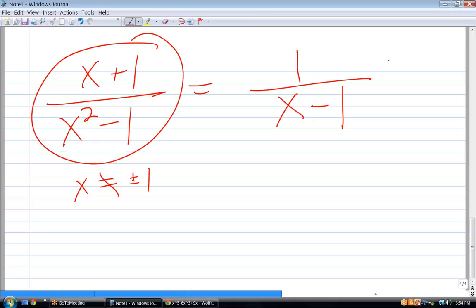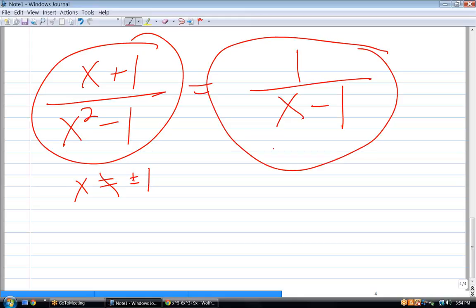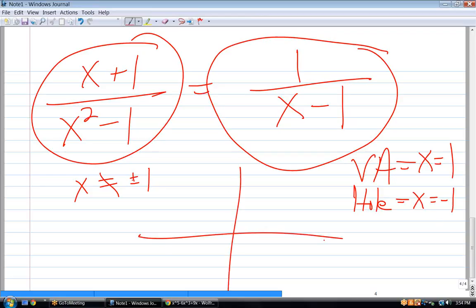So even though I factored it down to that, this has an asymptote at x equal 1, but it still has this hole at x equal minus 1. So if I'm going to graph this, I've got the vertical asymptote here and a horizontal asymptote there.